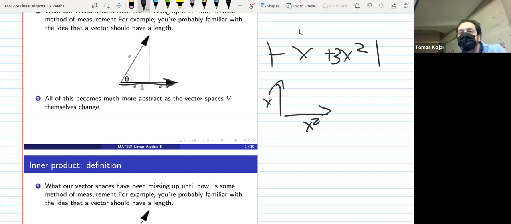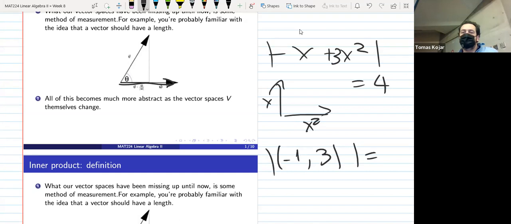So the length of this guy would be 4, because you basically add the coefficients. This is similar to the length of minus 1, 3, which is, let me put, square root 4. Euclidean distance. Maybe I'm mistaken. Okay, maybe my math is, oh, I'm sure my math is correct. Okay, I'm thinking of weird stuff. What am I thinking? Oh, yeah, square root 10. Yes. Okay, anyways, we'll get back to this.